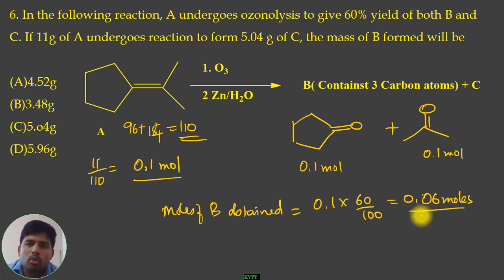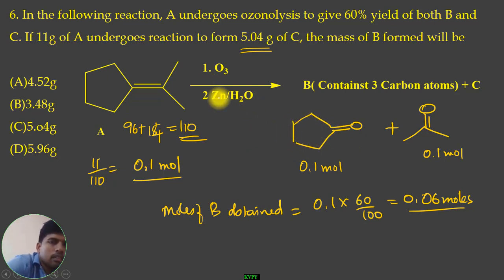So 0.06 moles of B is obtained because only 60% yield is there. So here they have given the mass of C, which is actually not necessary here because anyway by using the mole concept we can always calculate. 0.06 into molar mass of this compound, is 1, 2, 3, 4, 5.